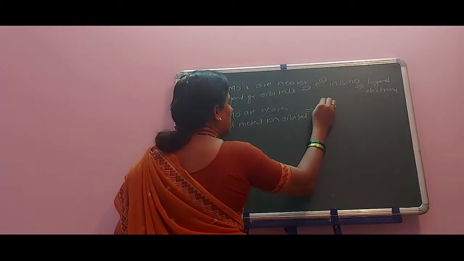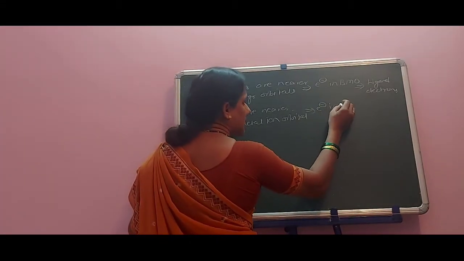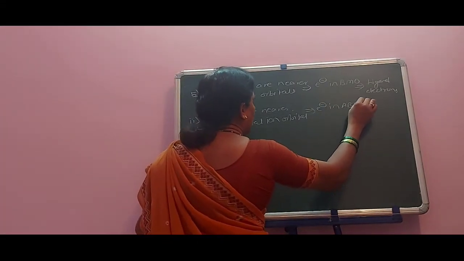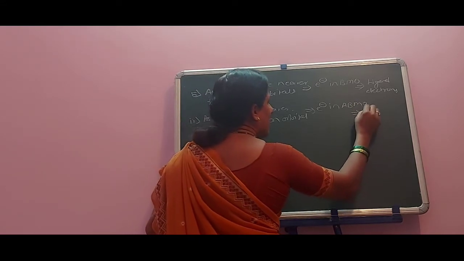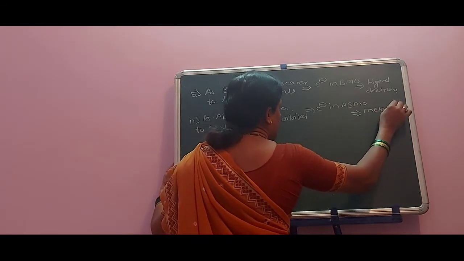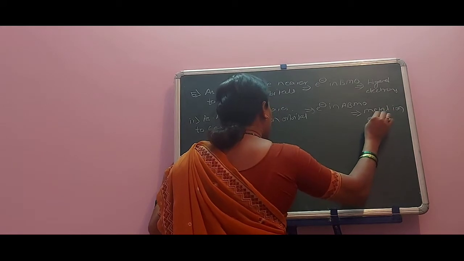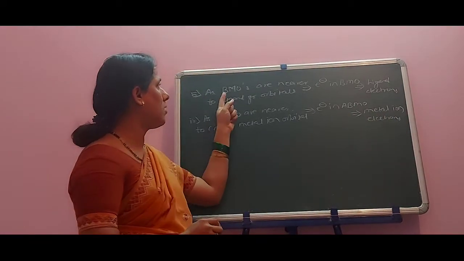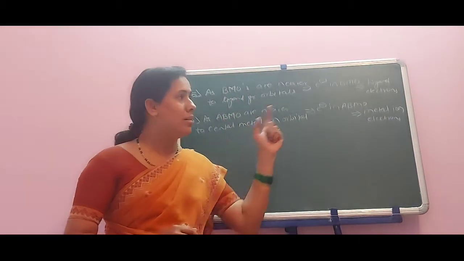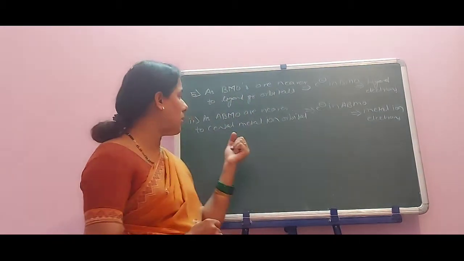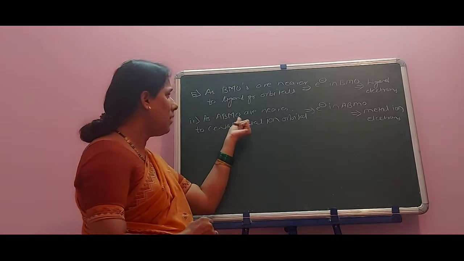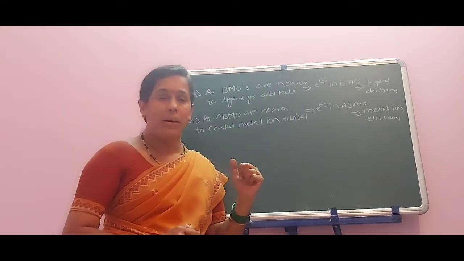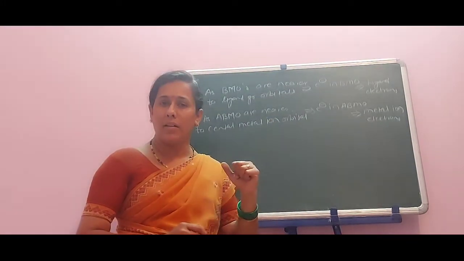The electrons in these antibonding molecular orbitals are called metal ion electrons. So the electrons in bonding molecular orbitals are called ligand electrons, and in antibonding molecular orbitals, they are called metal ion electrons.